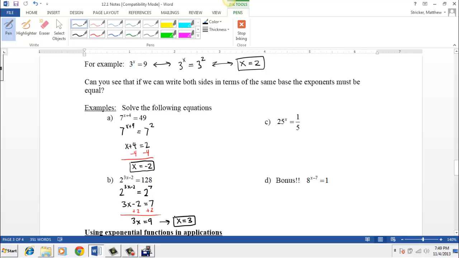Now, the next two are not quite as obvious, but still, I don't think too bad. We have 25 to the x and we have 1/5.